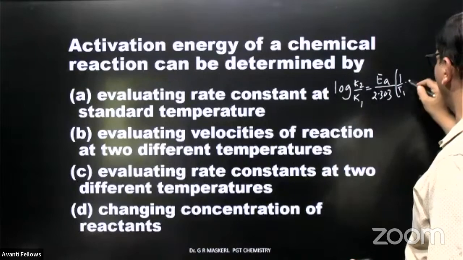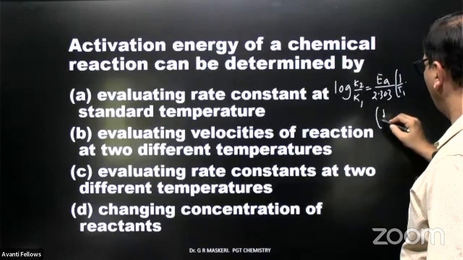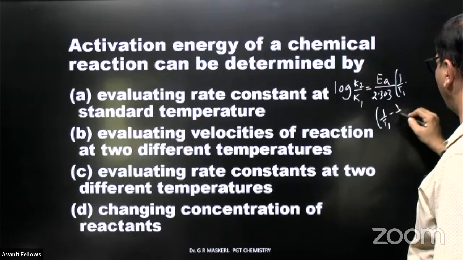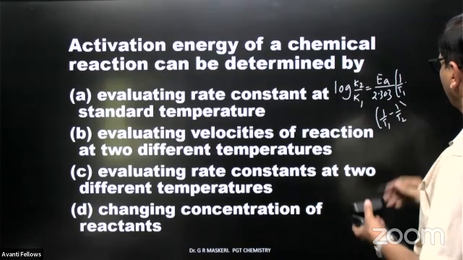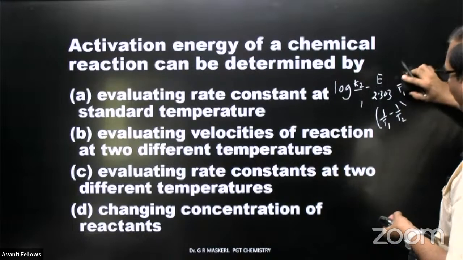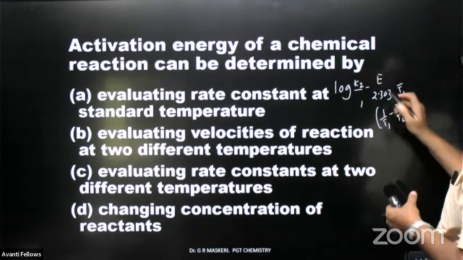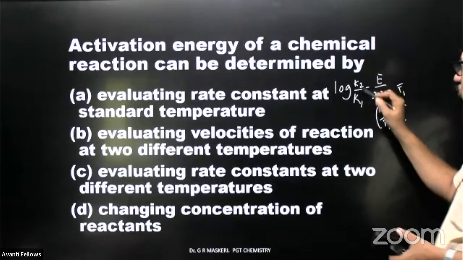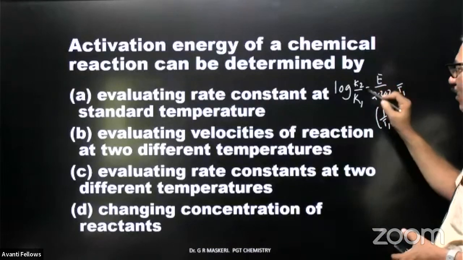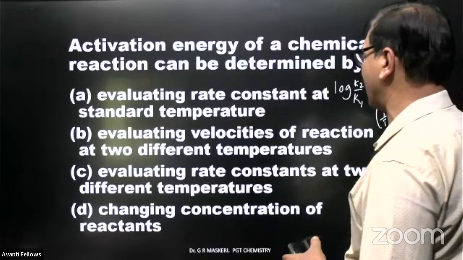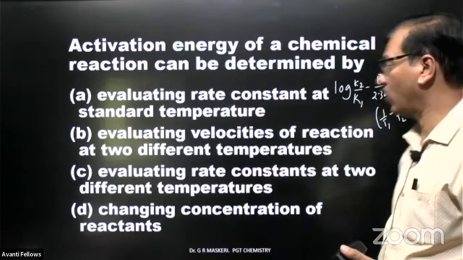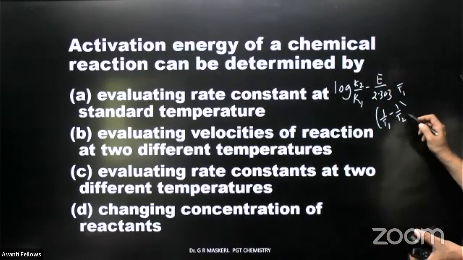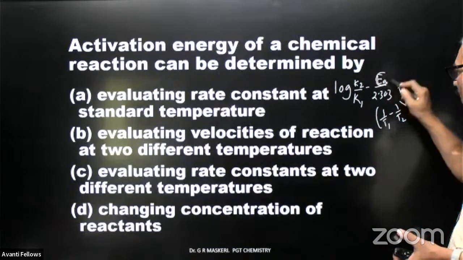Now, by measuring the velocities or the rate constants at two different temperatures, we can calculate Ea from this expression.